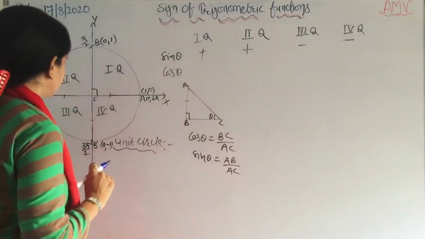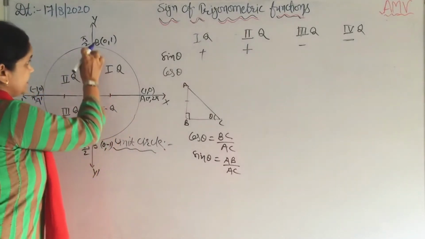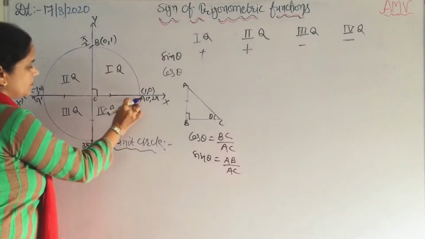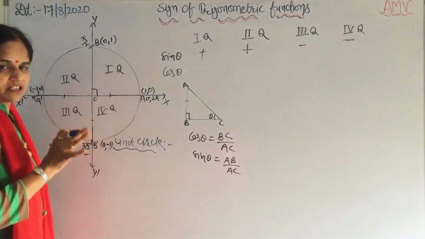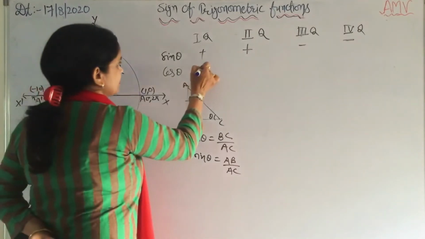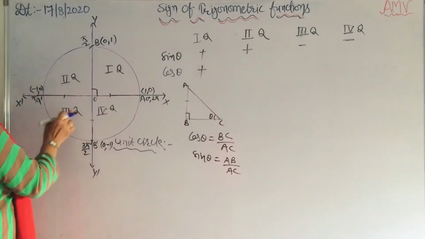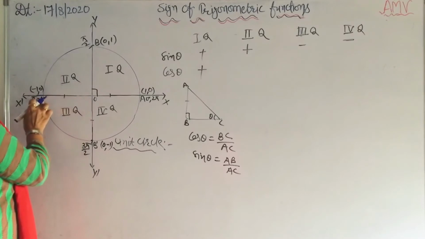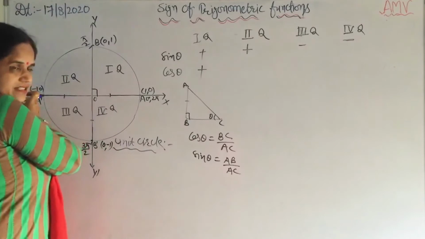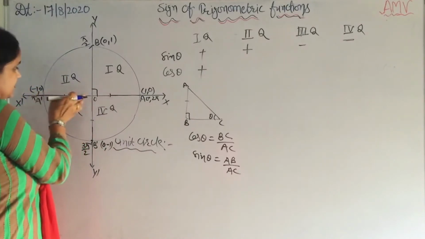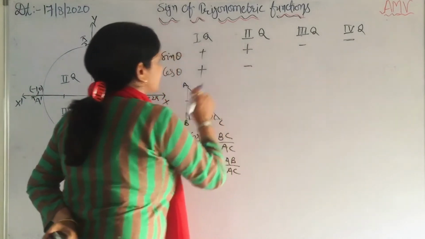See, this horizontal line represents cos theta. In the first quadrant, OA is the positive x-axis, so cos theta is positive. In the second quadrant, sides OA dash and OB, we have to take the x-axis, which is the negative x-axis, so cos theta is negative in the second quadrant.